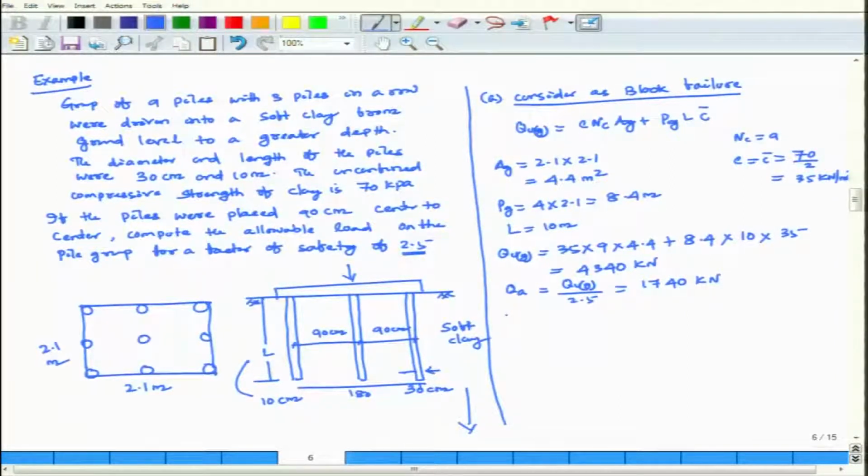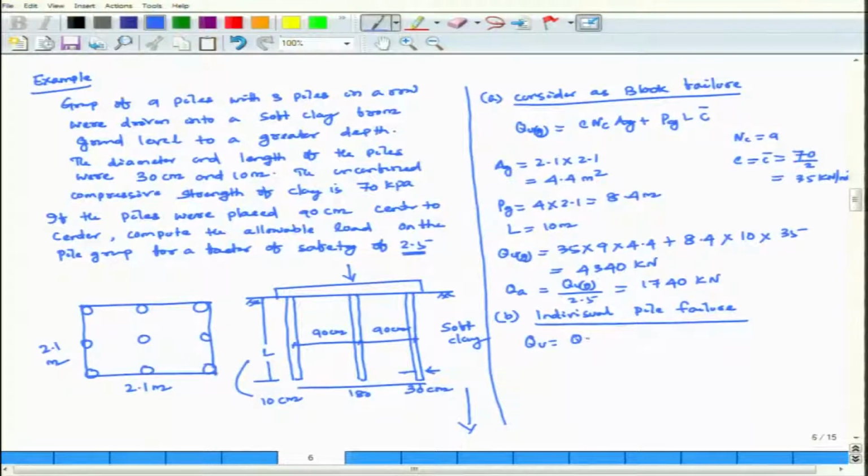Then second part, you consider individual pile failure. So, for individual pile failure, what is the formula?